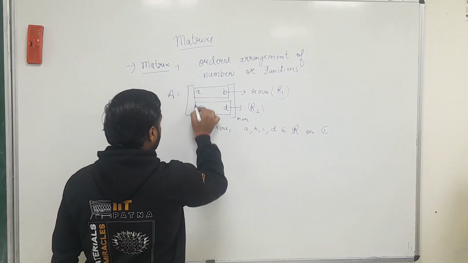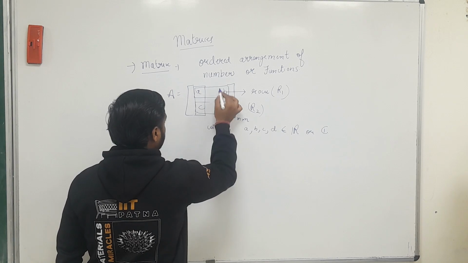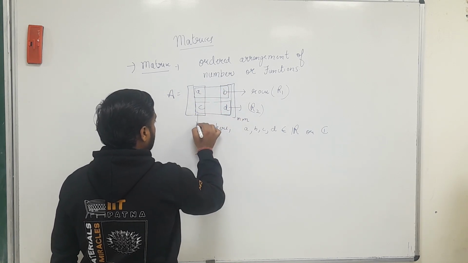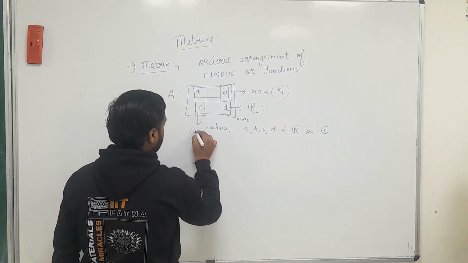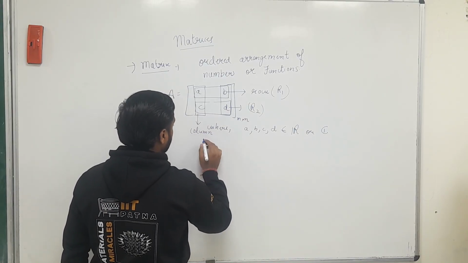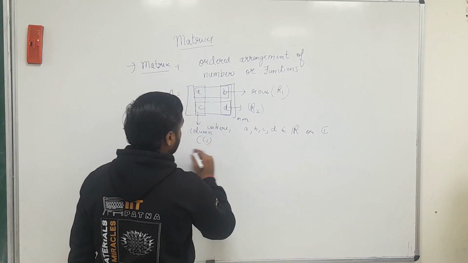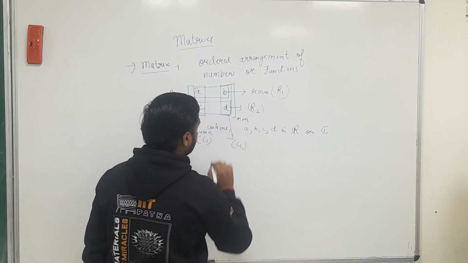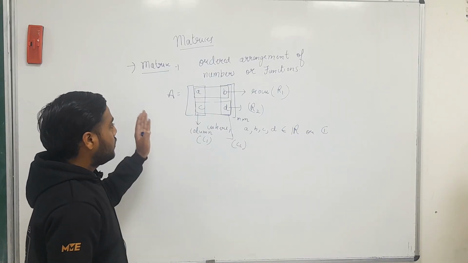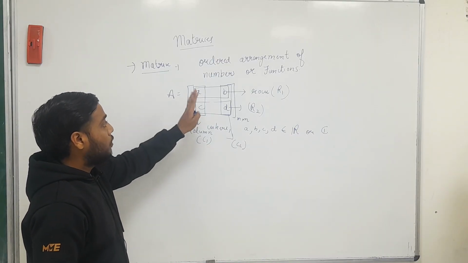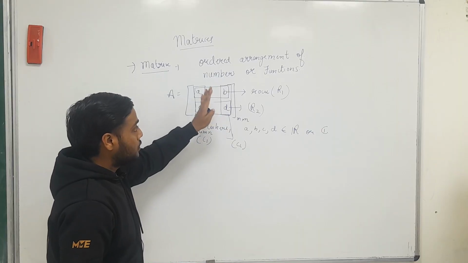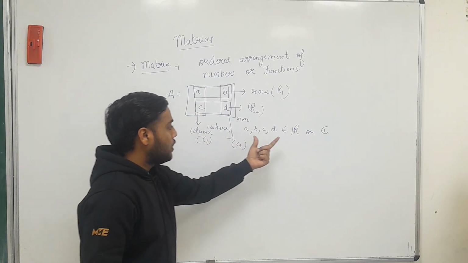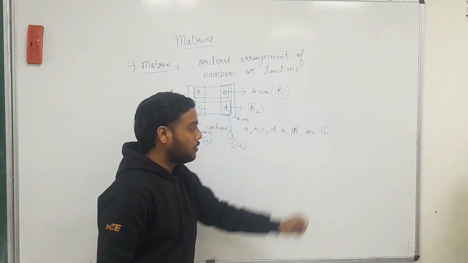Similarly, these two boxes are said to be columns, say C1, and column 2 say C2. So the matrix is an ordered arrangement of numbers or functions which looks like this. Those entries are coming from real or complex. Okay.